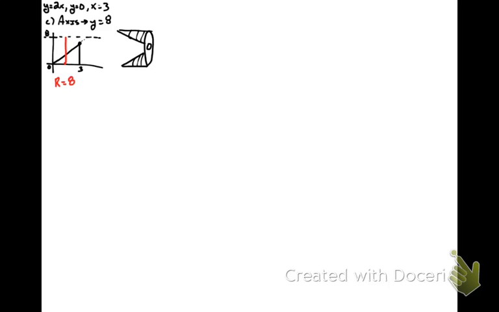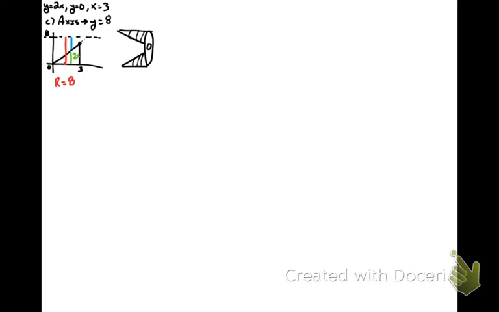Little r I'll do in blue. Little r is from the part of the curve that's closest to my axis. So in this case, it's this distance in blue. Notice that that distance in blue is the entire part in red, 8, subtracting out this part which is in green, and we know this part in green is 2x.